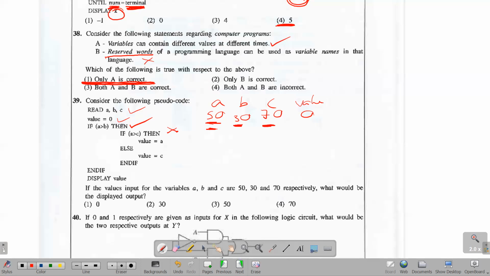And in else it says value equals C. That means 70 is going to be assigned to the value. Right, and the if ends and it says display value. So the value is going to be 70. So the fourth one is going to be the answer.